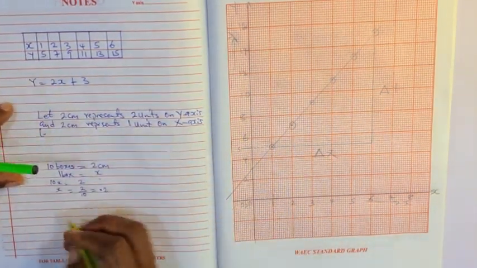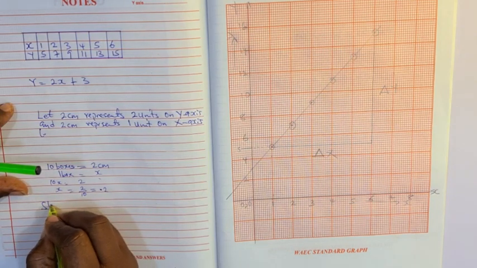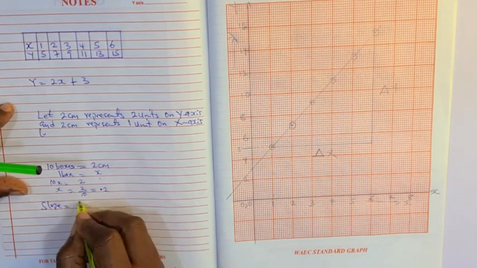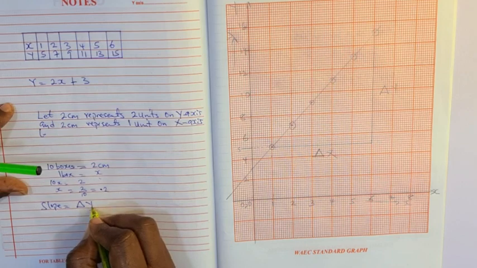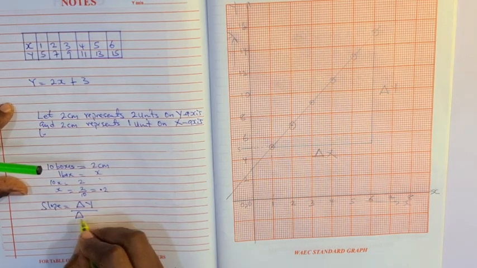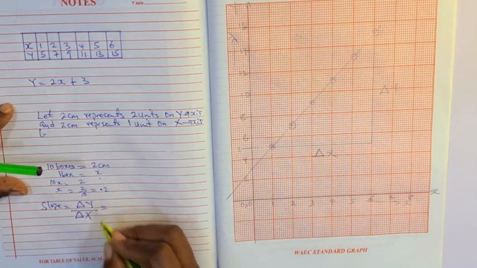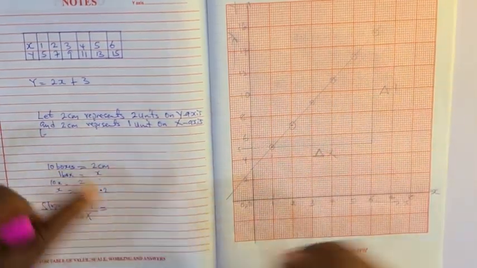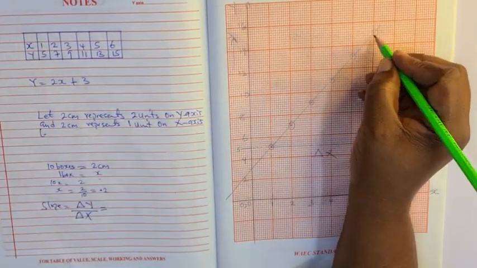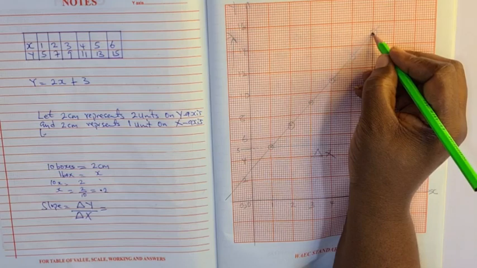To calculate your slope, you write slope, and put the formula: change in y all over change in x, and this is equal to. The change in y, we started here.